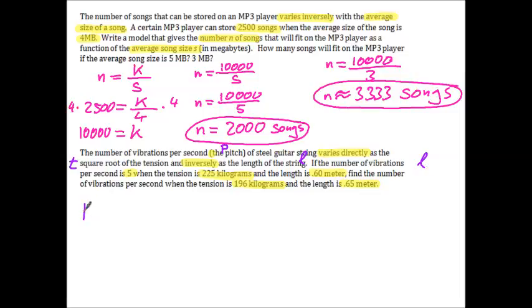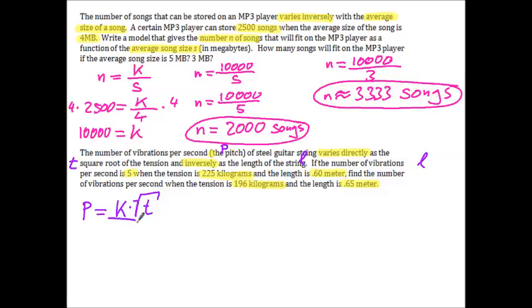So here goes our equation. First of all, we do have a constant of variation here somewhere, and P varies directly as the square root of the tension. T is our tension and it varies directly with the square root, so let's make that a square root.